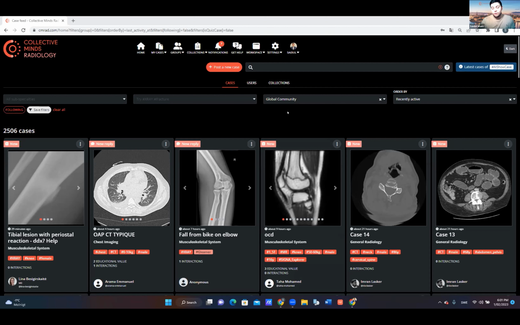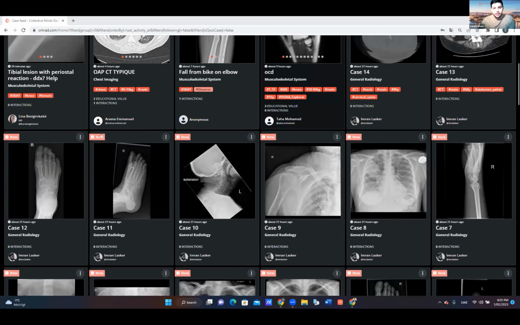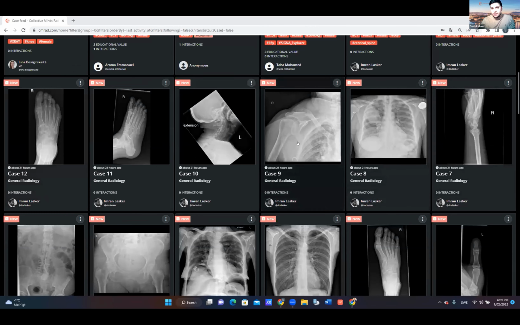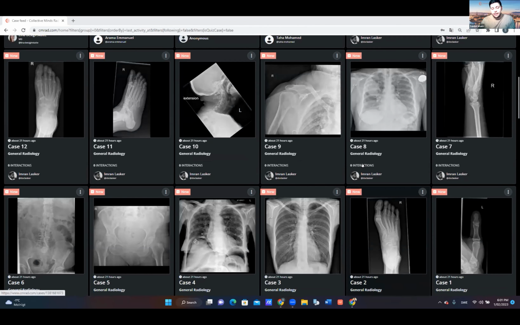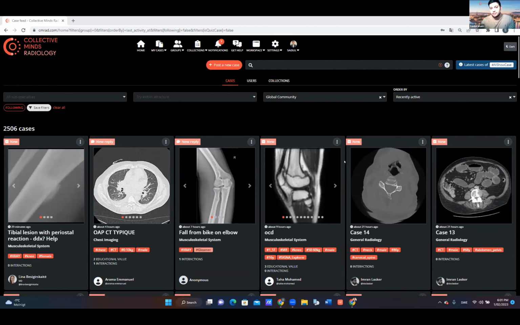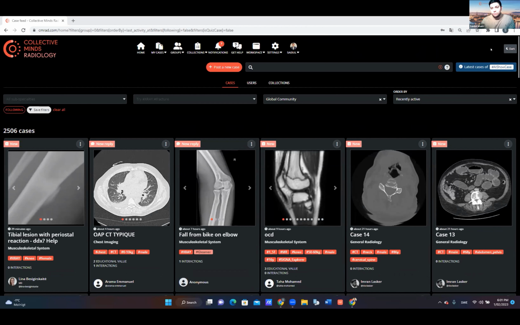The cases tonight are posted there, so if you go here, you can see all of the cases Imran Lasker has posted. I will also send a collection link in the chat shortly, where you can find the cases a little more easily. But before I do that, I would also like to show you the AI showcase.